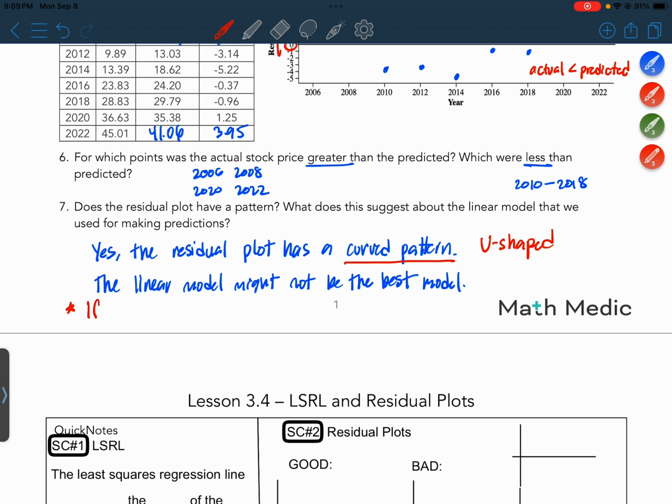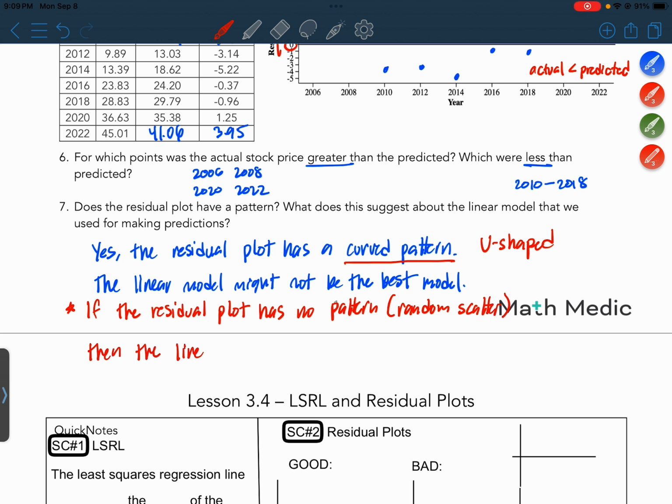So if the residual plot has no pattern, meaning it just looks like more or less random scatter, then the line is a good model.